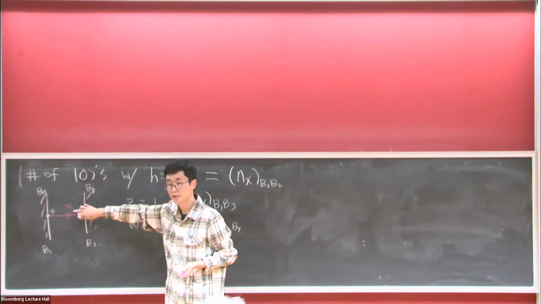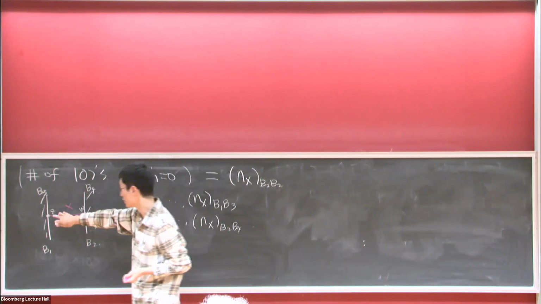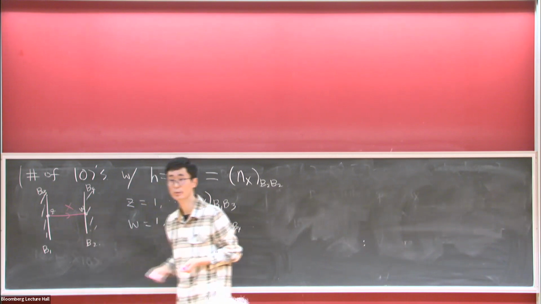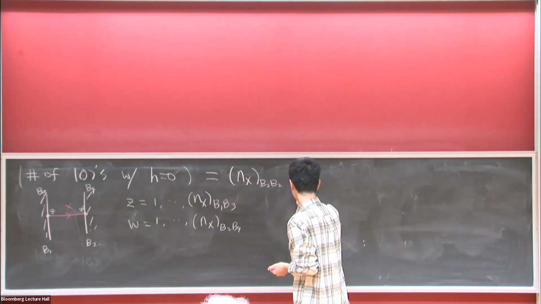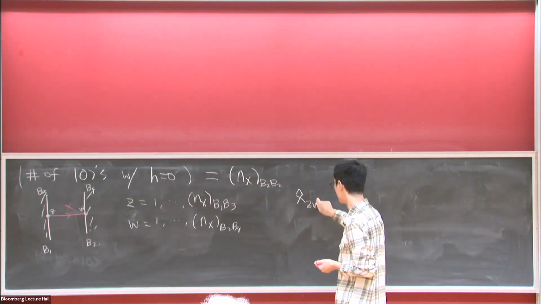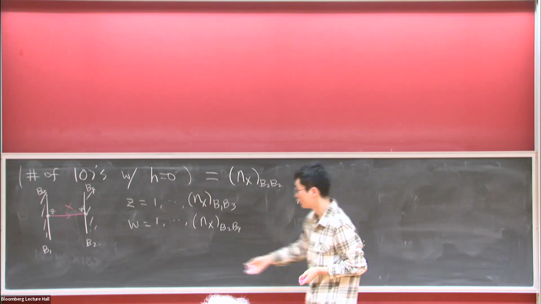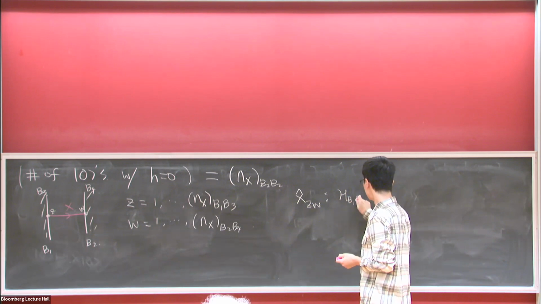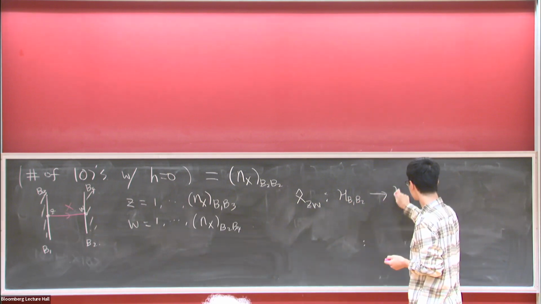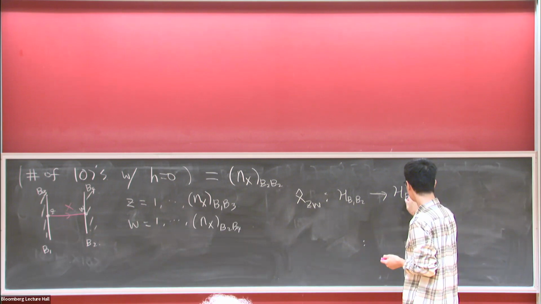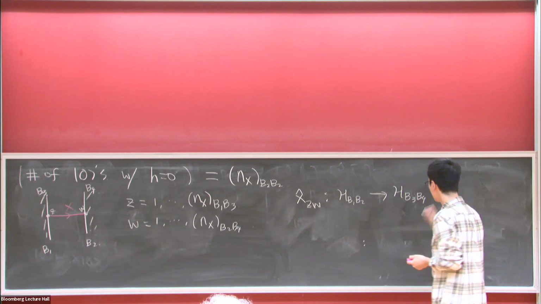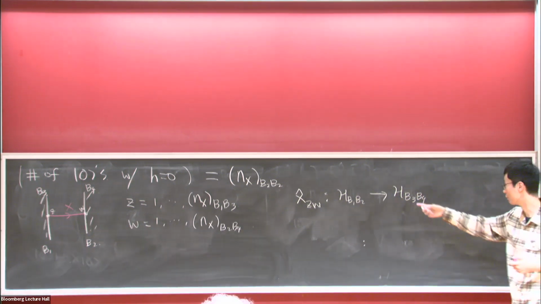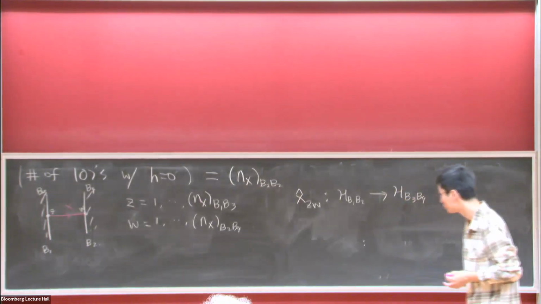So for each choice of the topological line X and each choice of junctions G and W, you can define an operator X of G, W, which maps your state in the H_{B1,B2} Hilbert space to a state in the H_{B3,B4} Hilbert space.